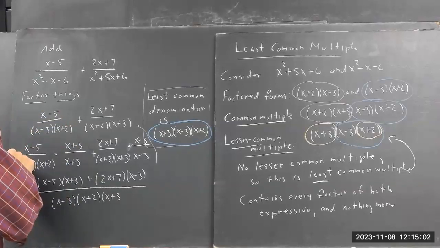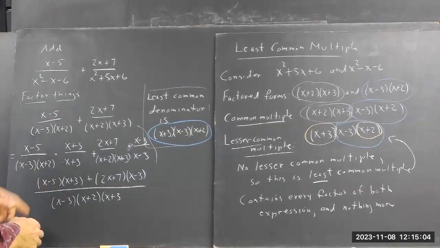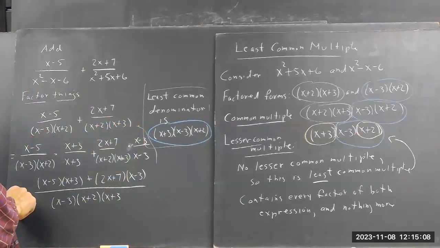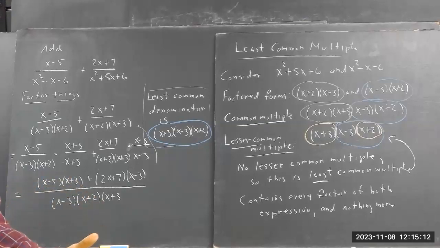So this equals this, because all we've done is multiply each fraction by 1. They're actually rational expressions. It's quicker to say fraction. I think we know what I mean.